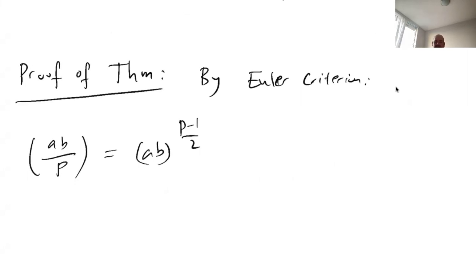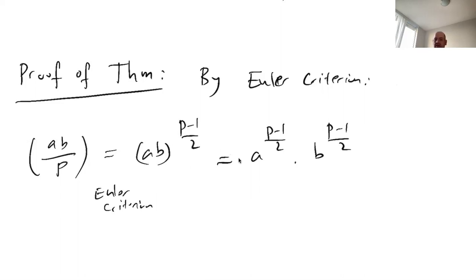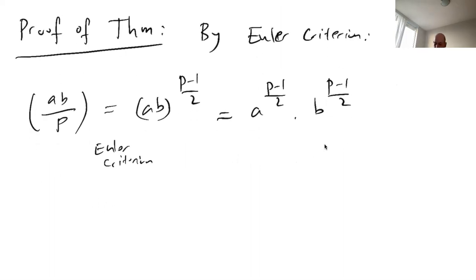Now my A here is AB. So AB to the power (P-1)/2, and this is the same as A to the power (P-1)/2 times B to the power (P-1)/2. So here we used Euler criterion. But from here to here it is just the properties of powers, right? Like xy to the power t is x to the power t times y to the power t. So this part is obvious.